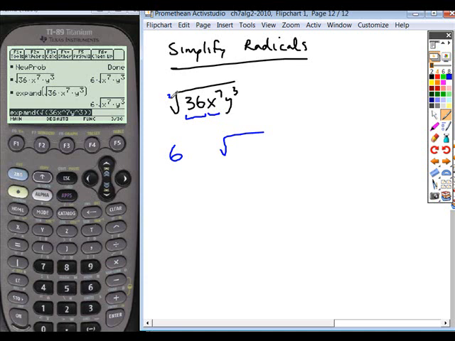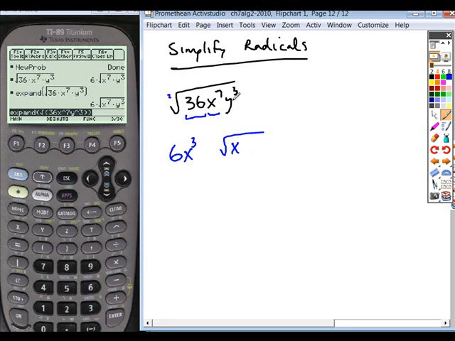And so to get to 6, you have to multiply 2 by 3. So that tells you how many groups of x's can come out. You have 3 groups of 2 that you can remove. So that comes out as an x cubed. When you remove 3 groups of 2, how many x's are left inside? Just 1, right? You remove 6 of them, 3 groups of 2. That leaves 1, so you have to leave an x on the inside.